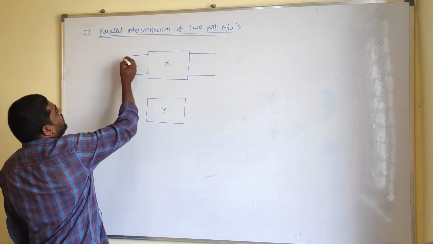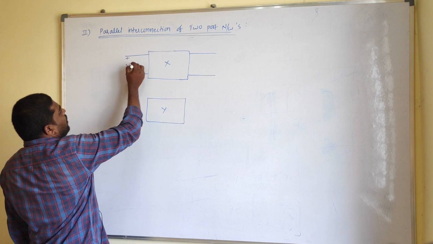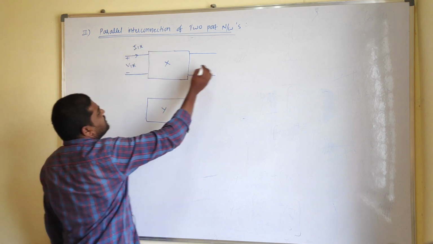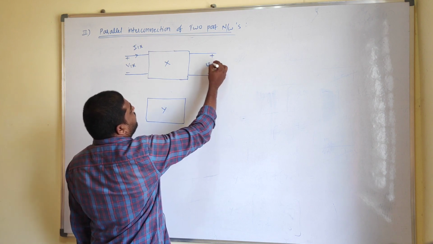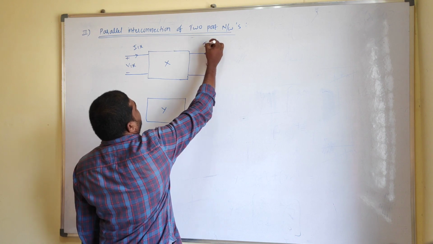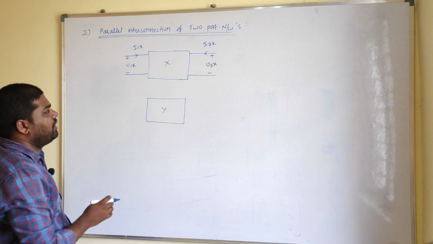The variables are V1x and I1x, and similarly port 2 has two variables, V2x and I2x. So this is the first two-port network, the X two-port network.